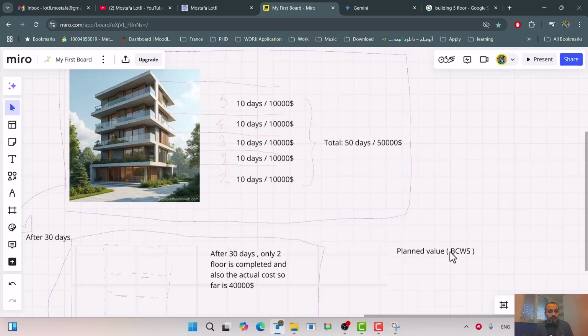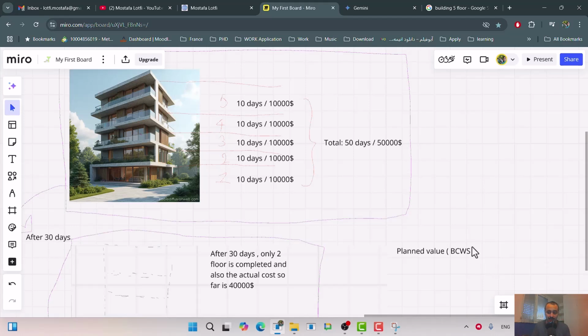The amount of money you planned to spend on this project for work scheduled, for those work that you plan to complete until now, up to 30 days in our example.